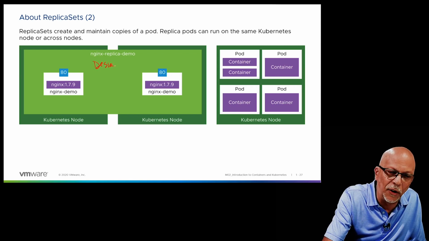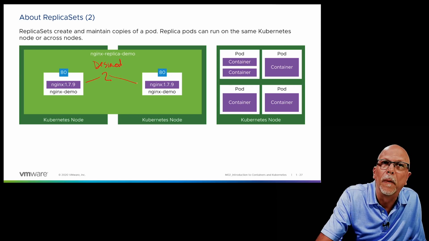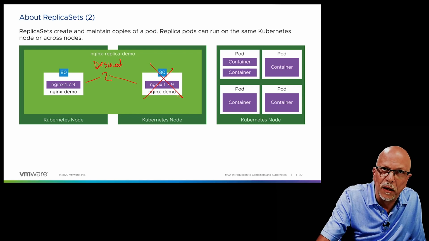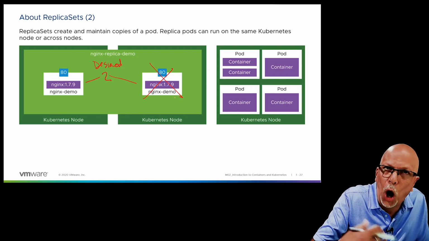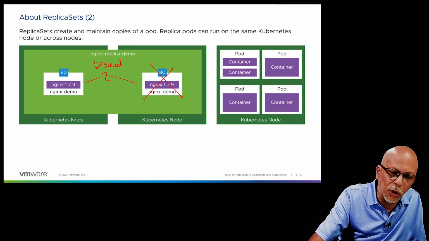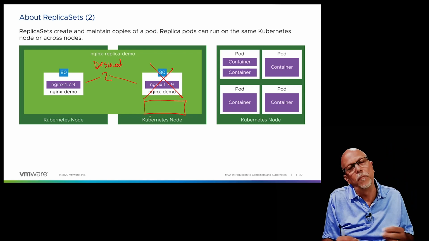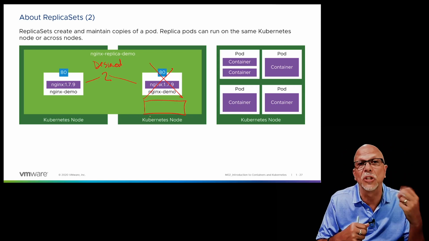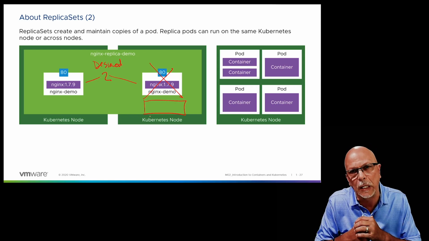I've got a desired state of I want 2 of these running. If for some reason one died, Kubernetes would automatically, via that controller manager, go ahead and redeploy another one so that my desired equals my current state.